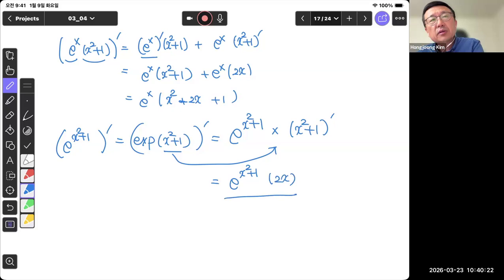So that is the derivative of e to the x squared plus 1. Please be careful. In the first example, e to the x times x squared plus 1, for the derivative of that product, you need to apply the product rule.